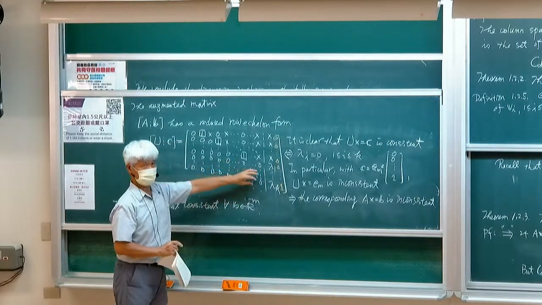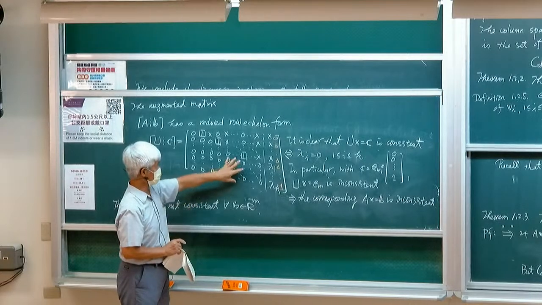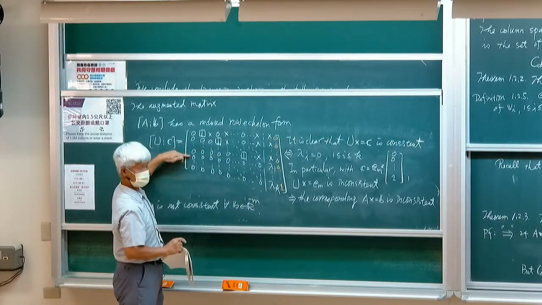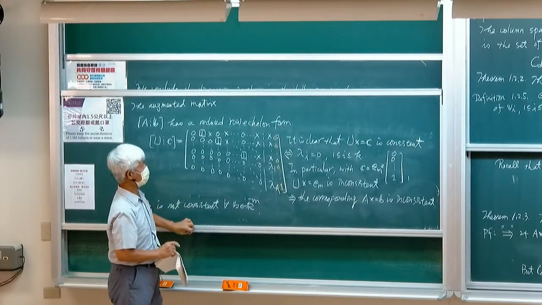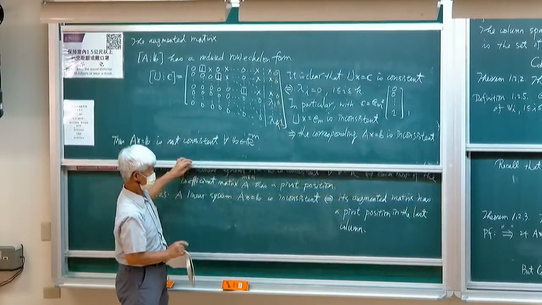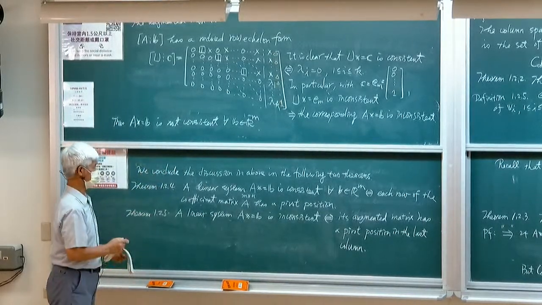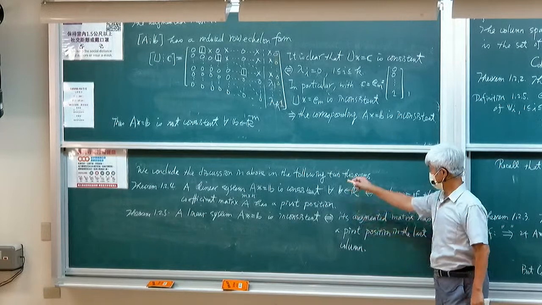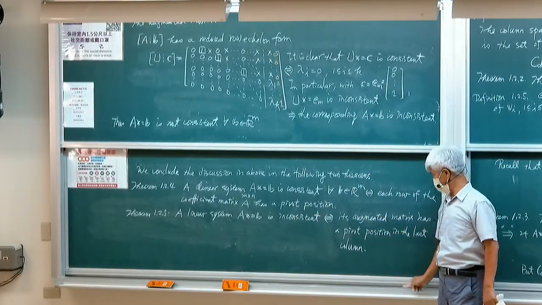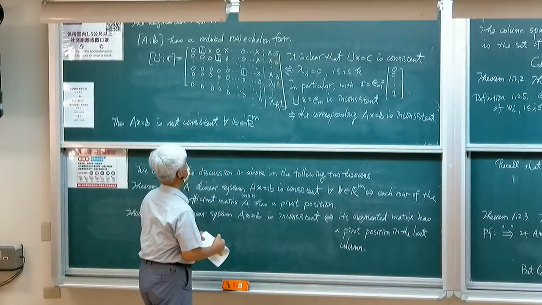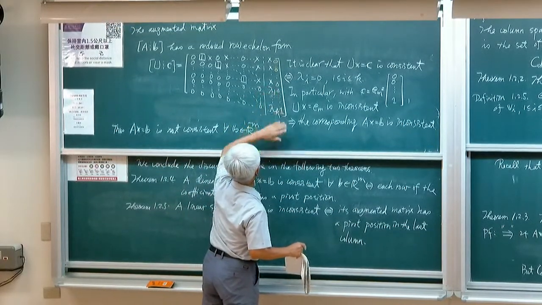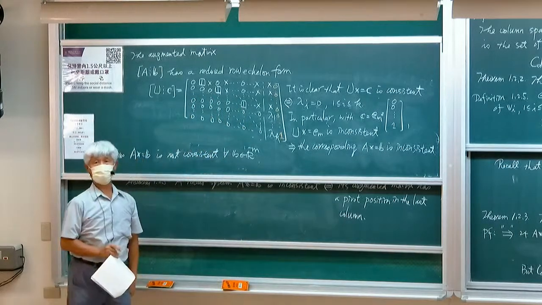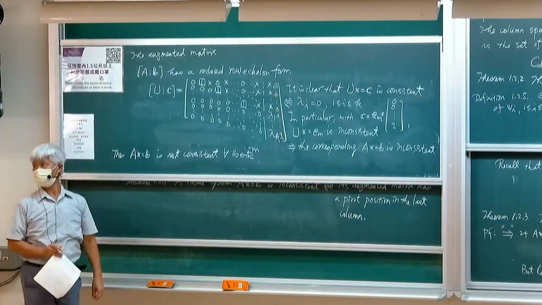So the last column has a pivot in the position corresponding to the first 0 rows of the U matrix. Any questions?